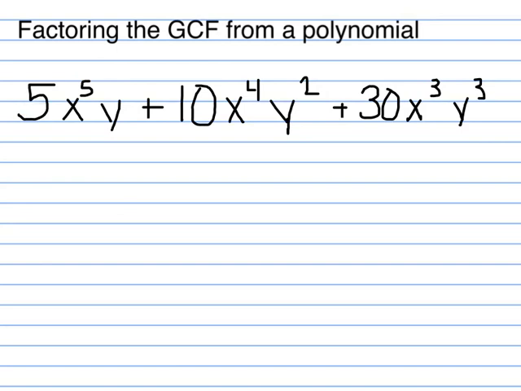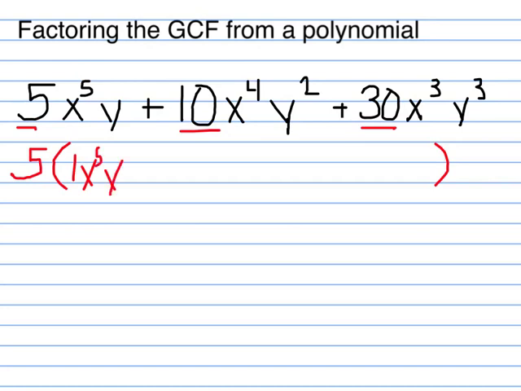Let's look at the constants first then. So we have 5, 10, and 30. They all have a common factor of 5. So if I pull 5 out from each of these, I go 5 divided by 5 is 1, x to the 5th y.